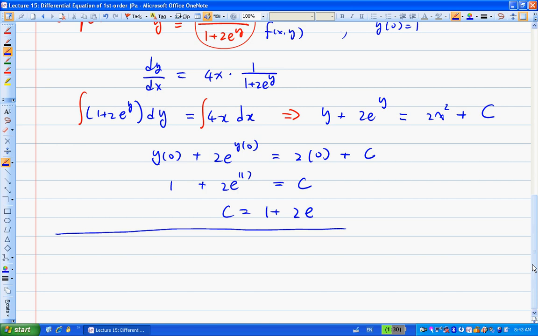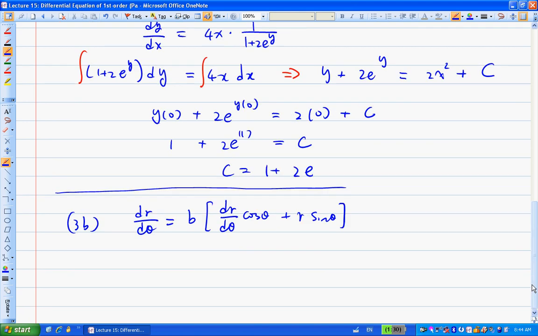One of the assignments, assignment 3b, uses this separating variable technique: dr over d theta equals b times dr over d theta cosine theta plus r sine theta.